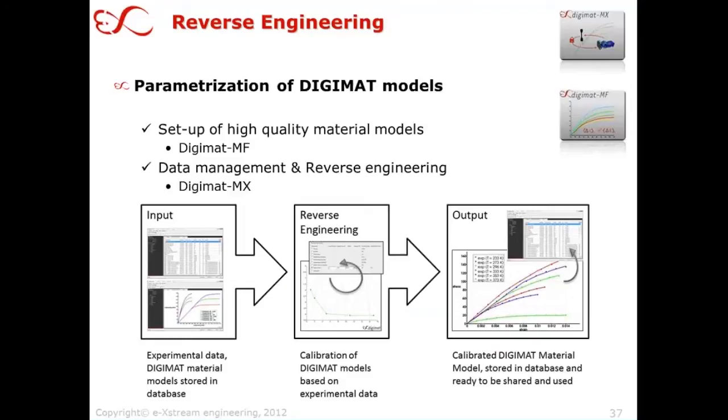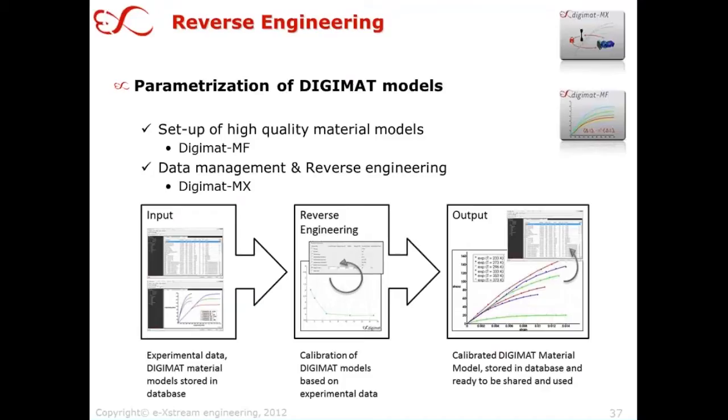So DIGIMAT MX is used for the parametrization of DIGIMAT models. You set up high quality material models using DIGIMAT MF, but then you need, of course, some type of data management. You want to parameterize your model, compare to experimental data, and you need fitting routines and all that. This is what we call reverse engineering procedure. And this is exactly what you find in DIGIMAT MX.